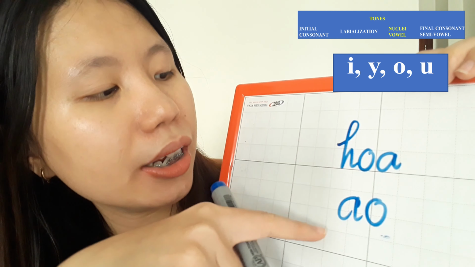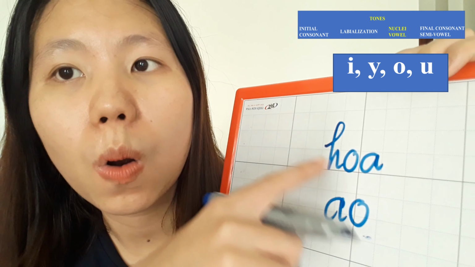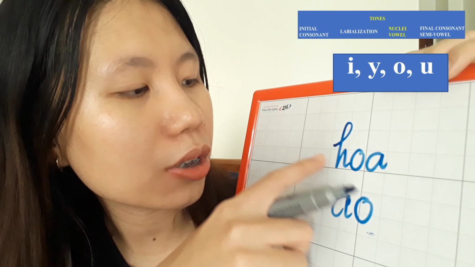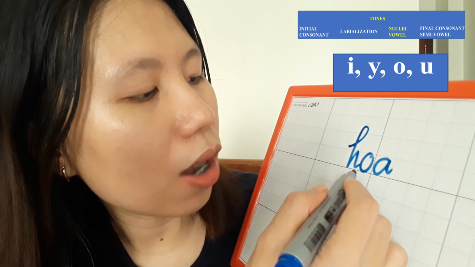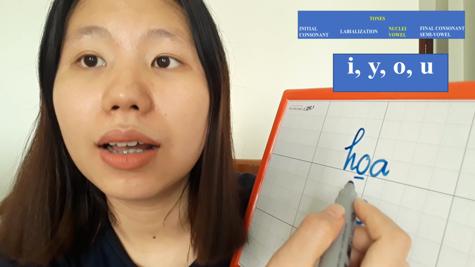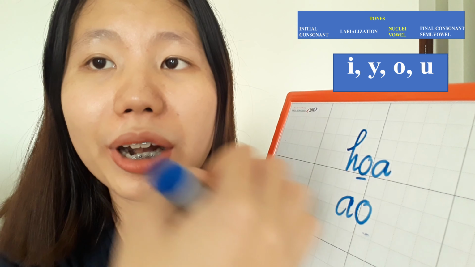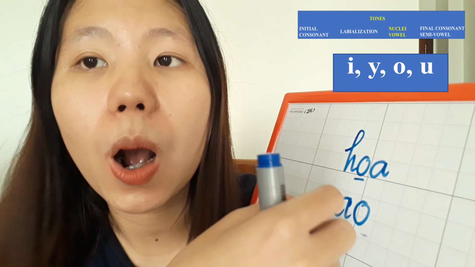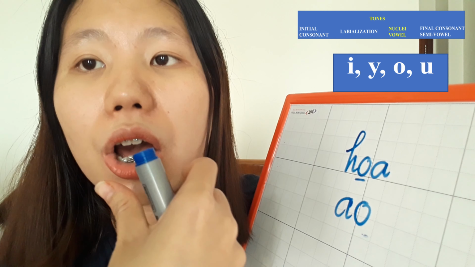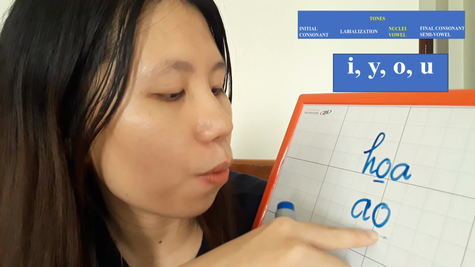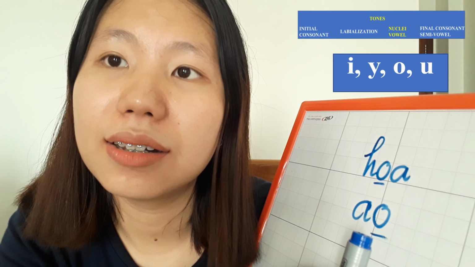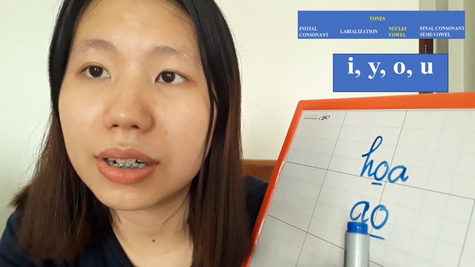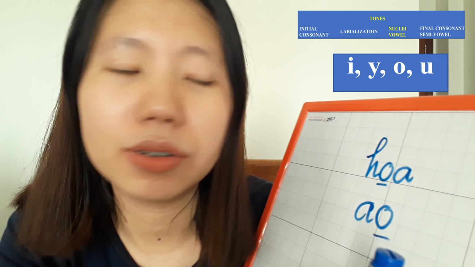Here I've already written 2 words, hoa and ao. For the first one, the semi-vowel sound o has a labialization, because when you pronounce the sound o your lips are rounded. And for the second one, the semi-vowel sound o is a final consonant, because it's at the end of the word.